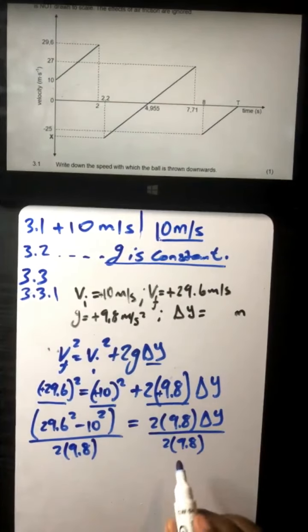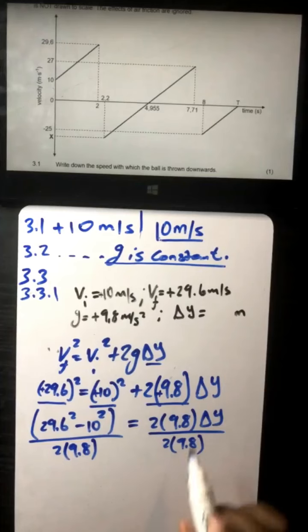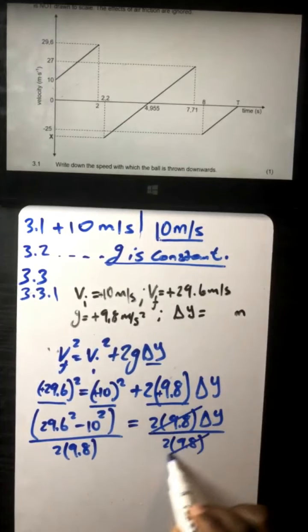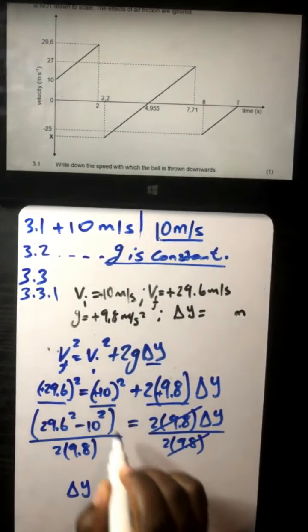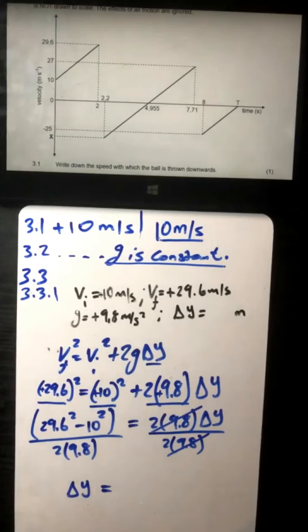Why did we have to divide by 2 into 9.8? It's because we wanted it to cancel so that we just remain with delta Y, which equals the whole of that. So ladies and gentlemen, let's punch all of that on a calculator and see what answer we get.